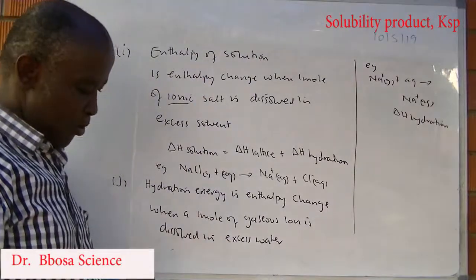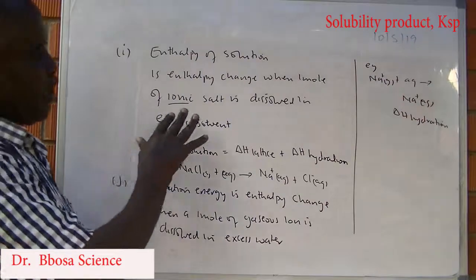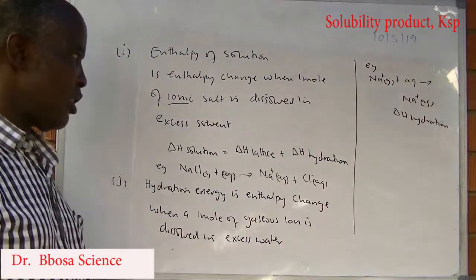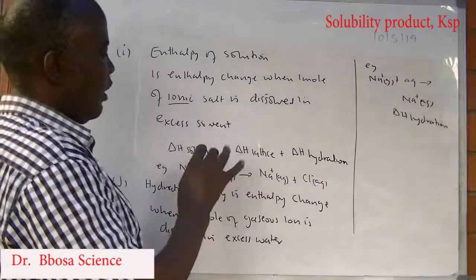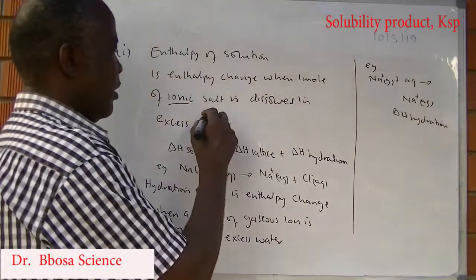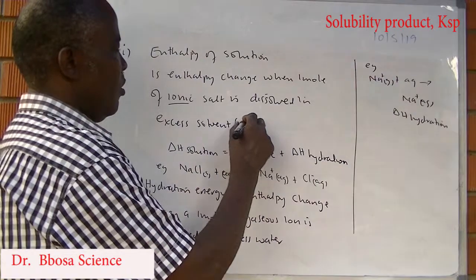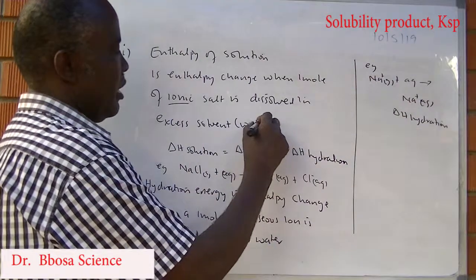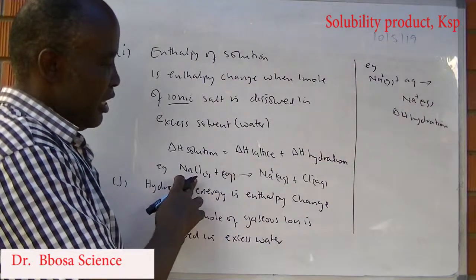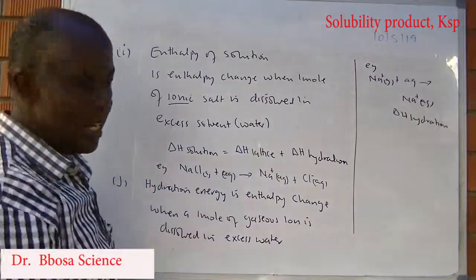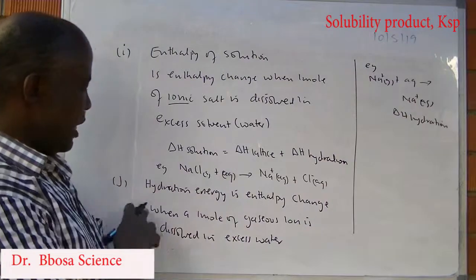I, enthalpy of solution, is the enthalpy change when one mole of a solid is dissolved in excess solvent or water. For example, sodium chloride solid goes into sodium ions and chloride ions.